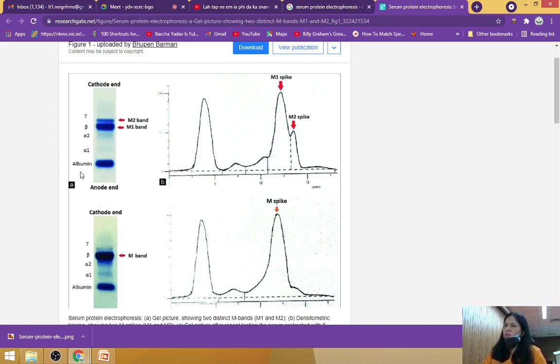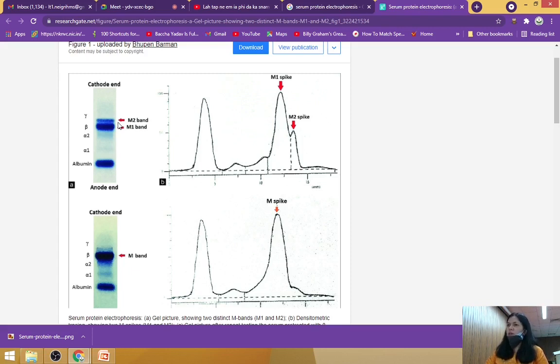Since albumin has the lowest molecular weight and the highest charge, it will migrate faster than the rest of the plasma proteins towards the anodal end. This technique is known as electrophoresis. Phoresis means movement and electro means electrical field. So it is the movement of plasma proteins in an electrical field, performed on an agar medium layered on the surface of the glass slide.